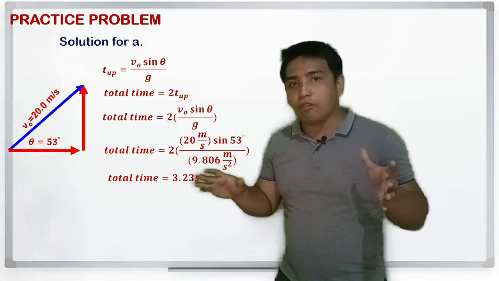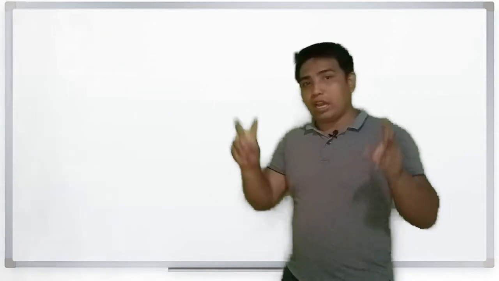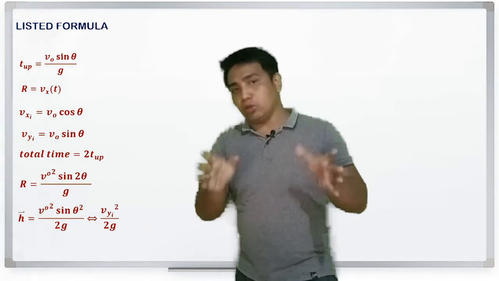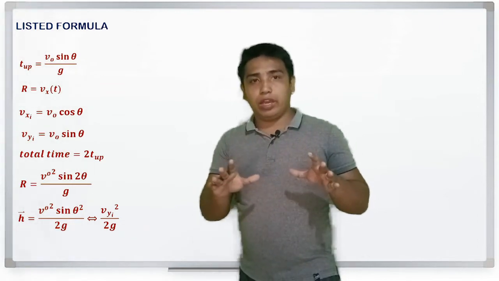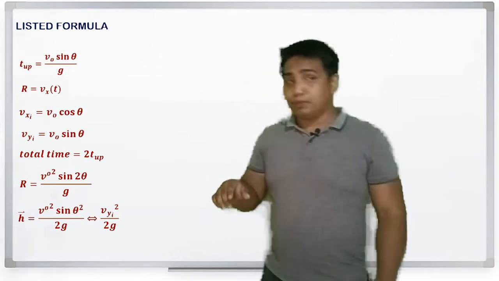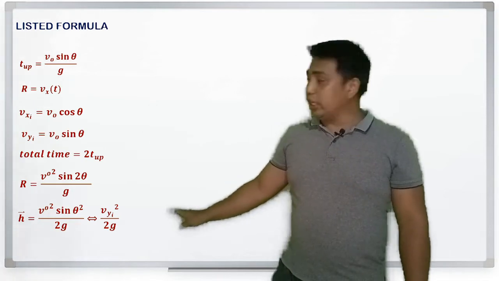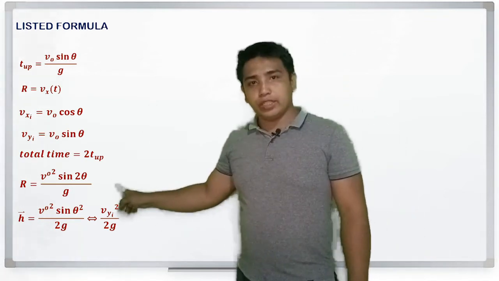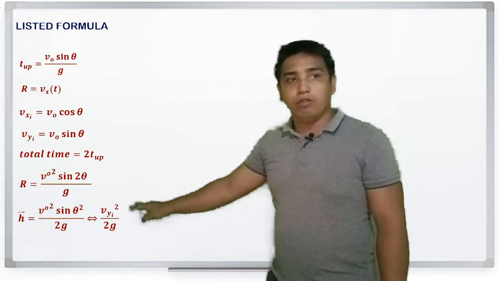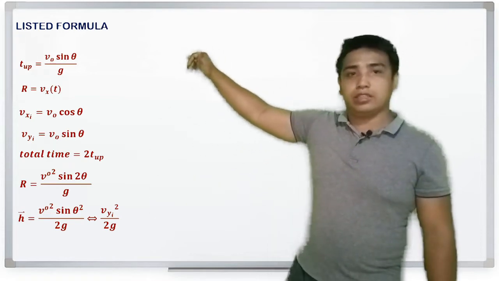We can actually look for the range. We can choose among the formulas that we have to calculate the range. Based on our list of formulas, we can use this one: the range is equivalent to vo squared sine 2 theta all over g. So I'm gonna choose this one and place it right here and start solving.